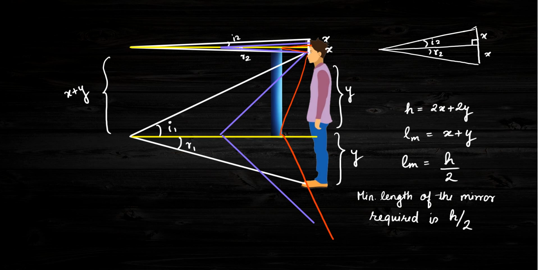Alright, so we can actually see that as long as the mirror is located in this particular region, the observer is always able to see himself.